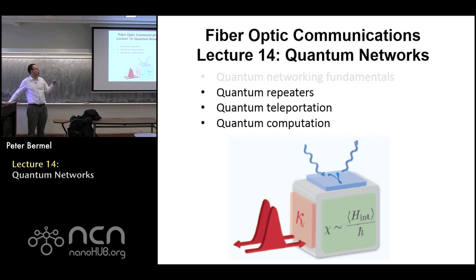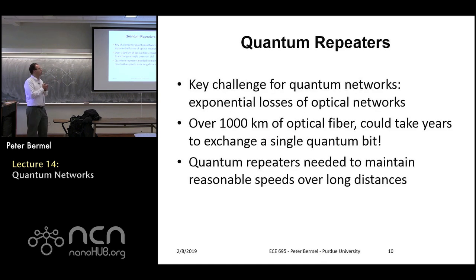Now I'll try to explain some of the more recent work as well as some specific components that could really play a role. Okay, so for quantum repeaters, the reason this is important is because you have exponential loss in optical networks.